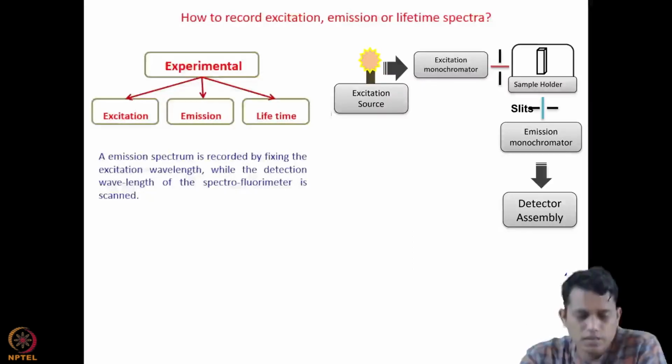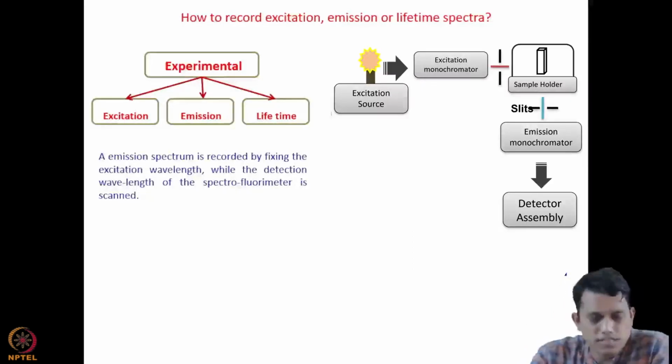And here, as we also discussed in the last lecture, we can record the excitation spectra, emission spectra, and lifetime spectra. The excitation source we are using is basically some electromagnetic wave, generally UV-Vis.